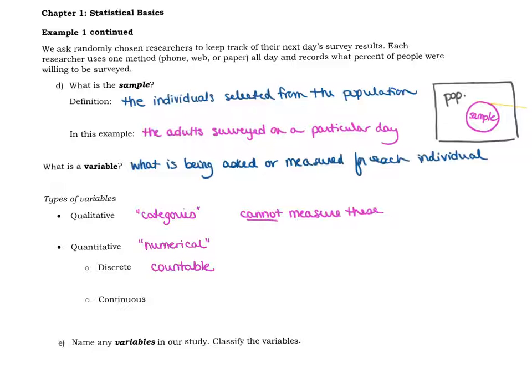A continuous variable is something that is measurable. Okay, something that's measurable, and more particularly on an infinitely smaller scale.